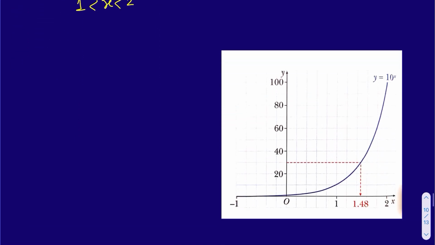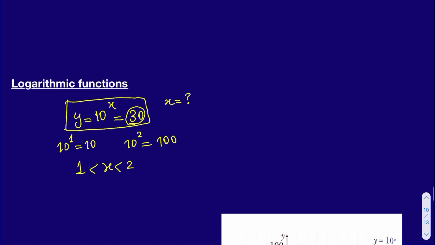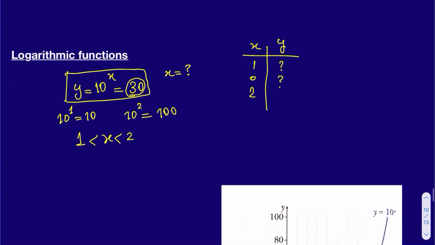So okay, in that case we will give random values to x by using the ordered pairs and coordinate axes. So we just give random numbers to x such as 1, 0, 2, and so on. And then we will find the value of y, and then we can plot this graph.